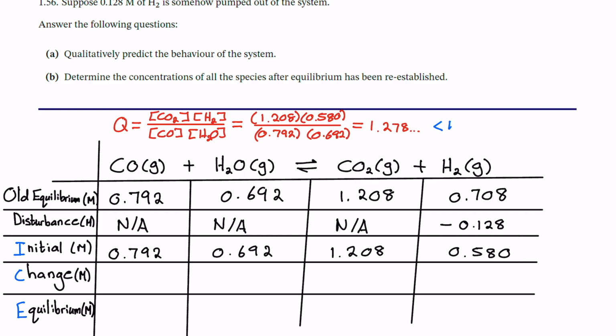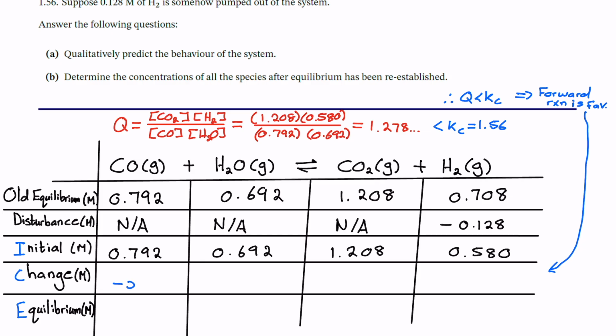And that is still less than the Kc, which is 1.56. So therefore, because Q is less than Kc, it's not equal to K, so this is not an equilibrium situation, and because it is less than Kc, the forward reaction is favored. That tells us how we must assess these changes.